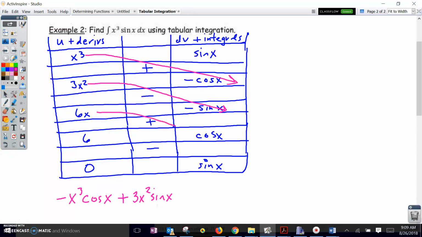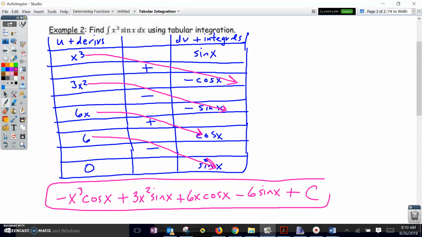Down this diagonal, 6x times a plus sign and a positive cosine of x becomes plus 6x cosine of x. And then 6 times a minus sign times the sine of x. Now I've reached the bottom of my right-hand column, so I'm finished writing my integral, and I add my constant of integration. And there's the integral of x to the third sine of x.